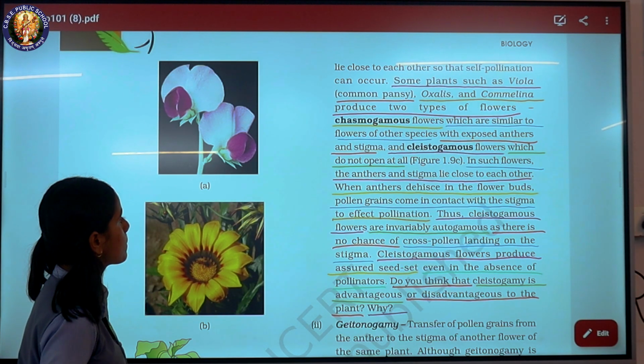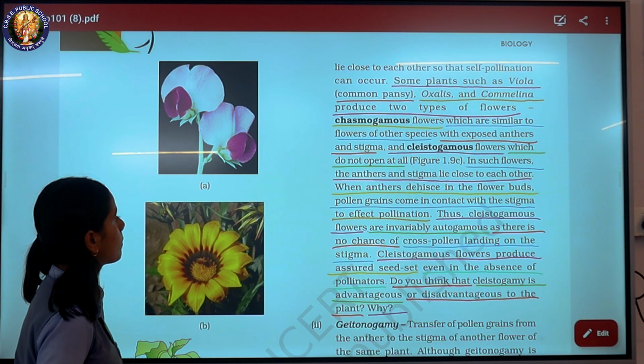In such flowers, the anther and stigma lie close to each other.